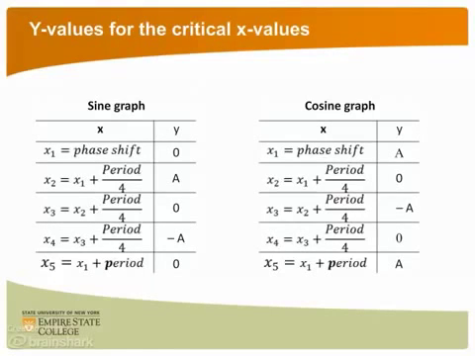Now that we have our x values, we need to find the appropriate function values for those points. We could insert the x value into the function and perform the appropriate calculations, but this invites errors. A simpler method is to use the charts of values on the screen right now. Just make sure you use the right chart, depending on whether you have a sine or a cosine function. Let's work through an example to see this method in action.